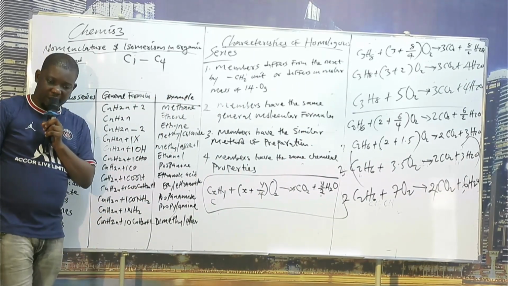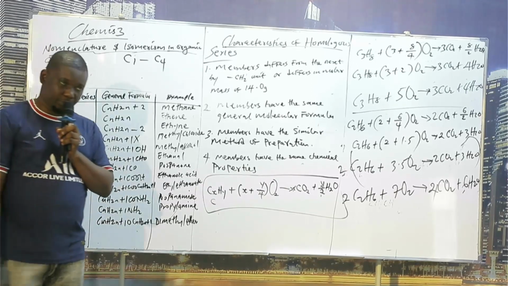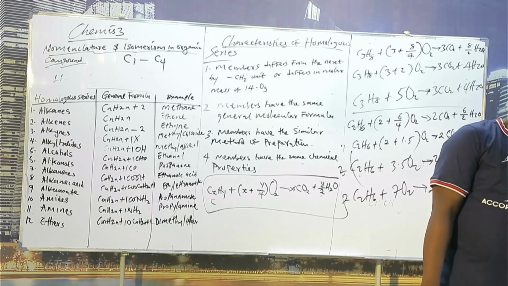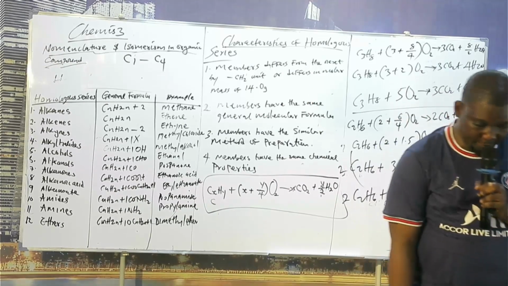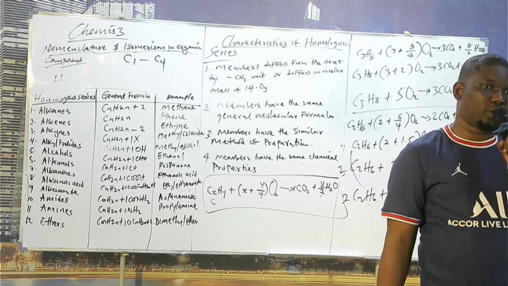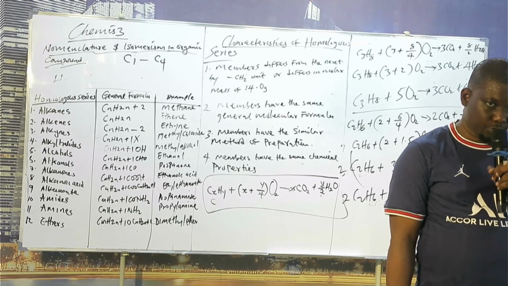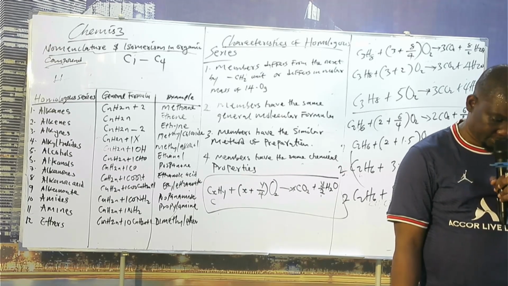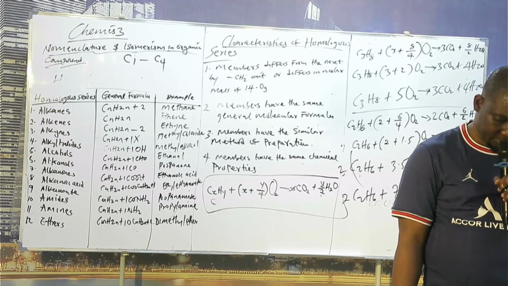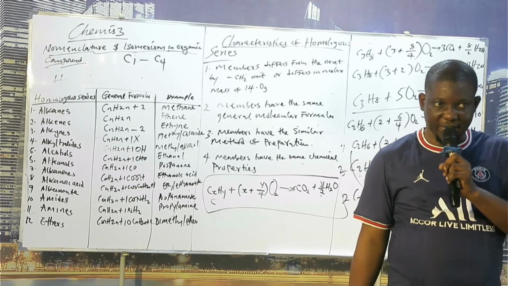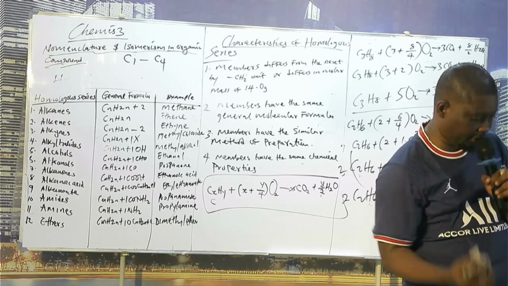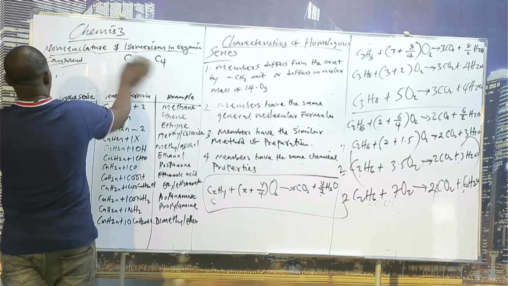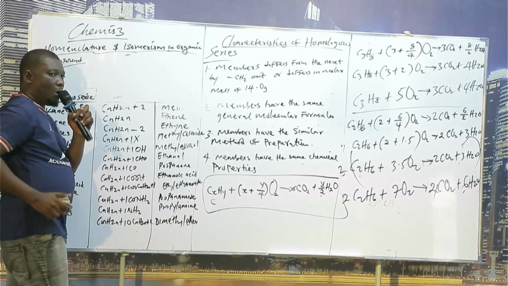In organic chemistry, a functional group is defined as a substituent or moiety.